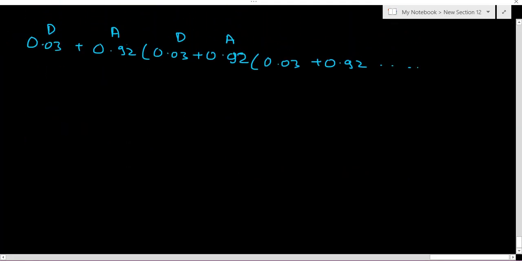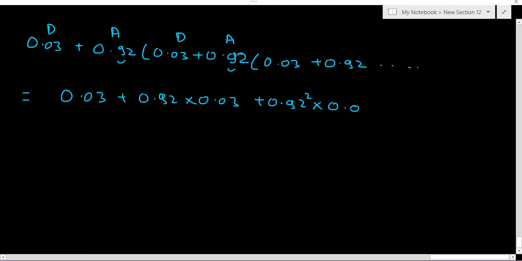It either stays in A or goes directly to D. So this becomes 0.03 plus 0.92 into 0.03, plus 0.92 square into 0.03, where it would be multiplied 2 times, and then plus 0.92 cube into 0.03.